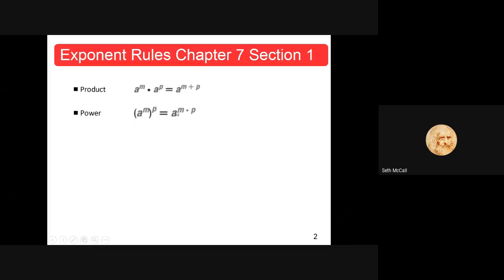And then you would multiply the two powers. The third one we're going to take a look at today is the power of a product. And that is where you have two or more things inside a set of parentheses that are being multiplied, and all of them are being taken to a power. You distribute that power to each of the items within the set of parentheses.